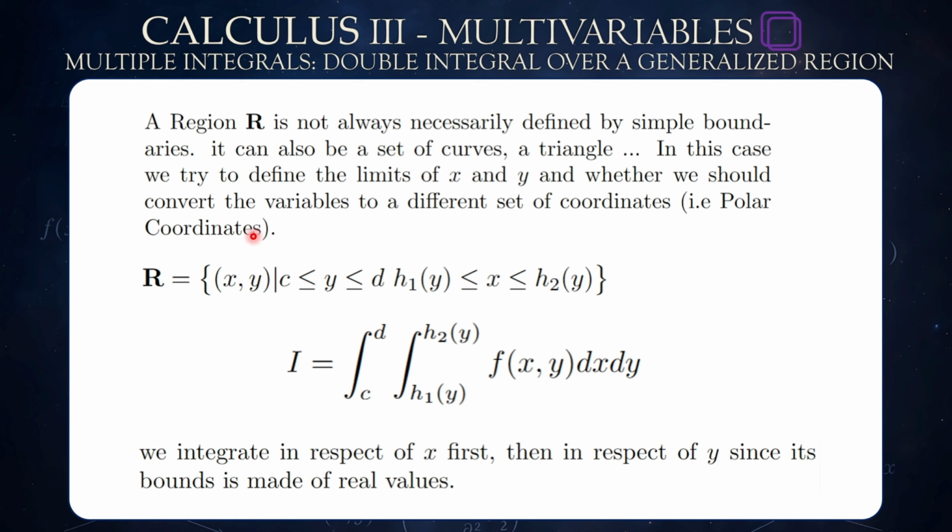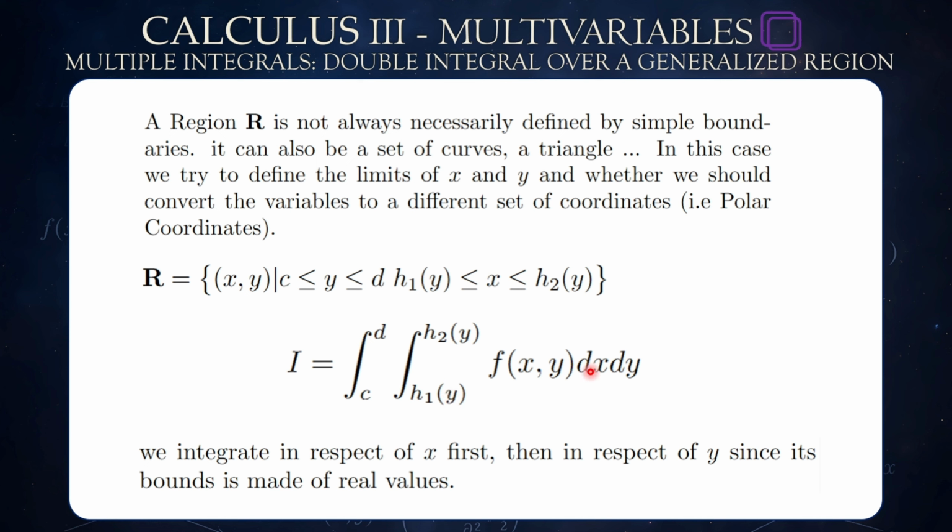Let's say you have a region R where x and y are bounded in the following manner. So y is between c and d, specific values, but x is bounded by two functions, h1 of y and h2 of y. Then in order to solve this integral, I is equal to the integral from c to d, then the integral of f(x,y) from h1(y) to h2(y) dx dy.